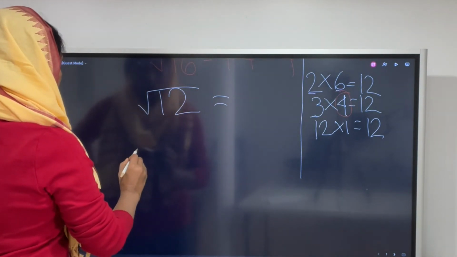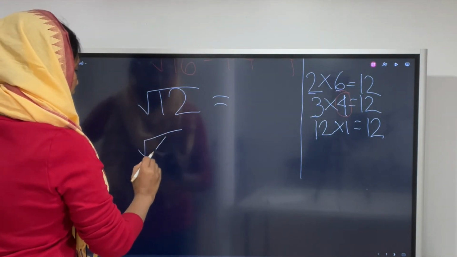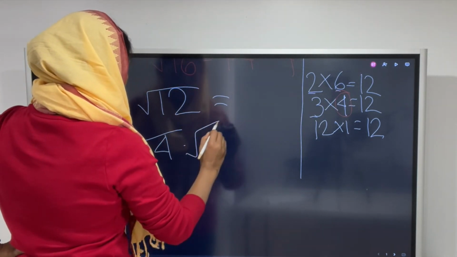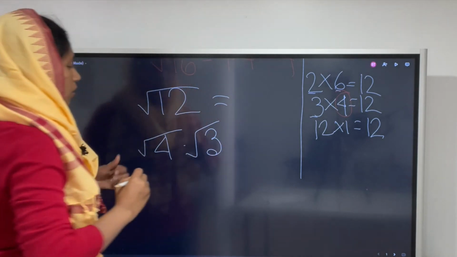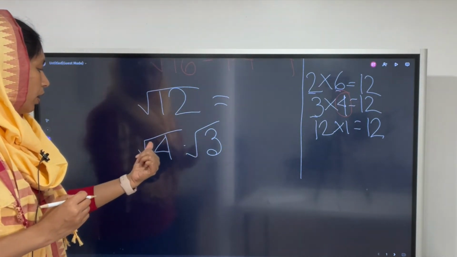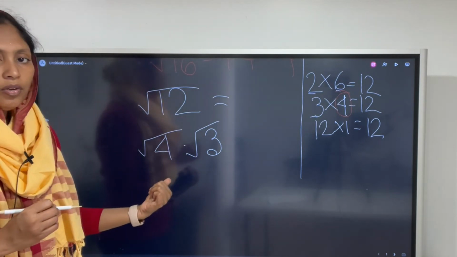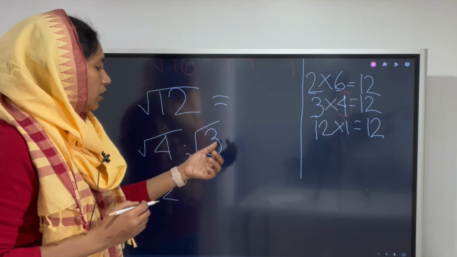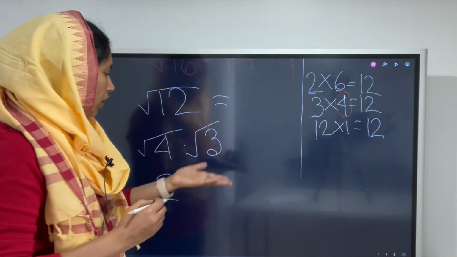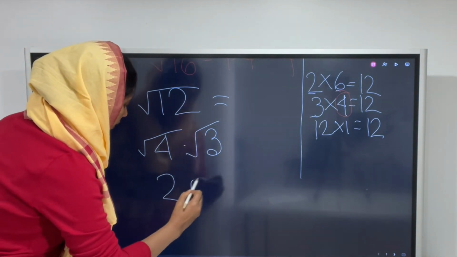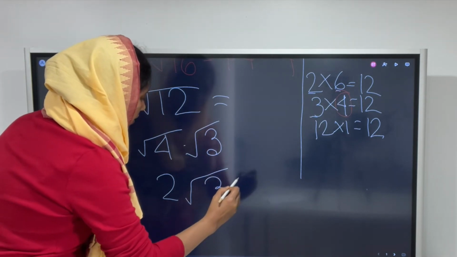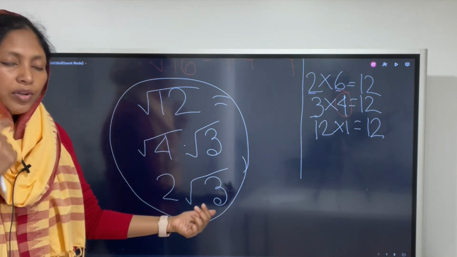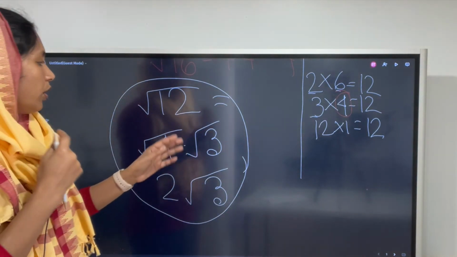We're going to use square root of 4 times square root of 3. Square root of 4 is 2, and square root of 3 you cannot simplify, right? So you have to keep it like that. So this is our answer, 2 square root of 3. That's your answer.